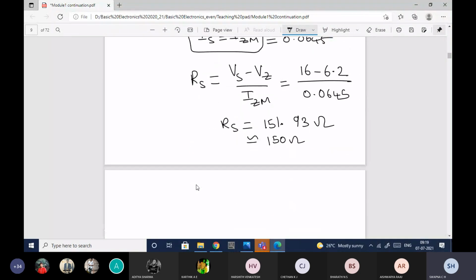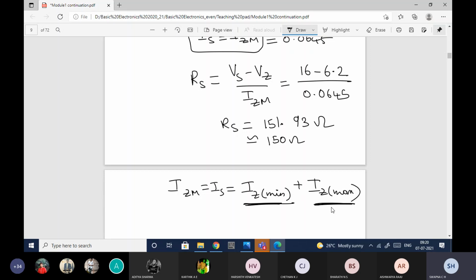I'll use the same formula. So anybody have doubt here? Is this clear? Hope you are understanding IZ minimum and IZ maximum.